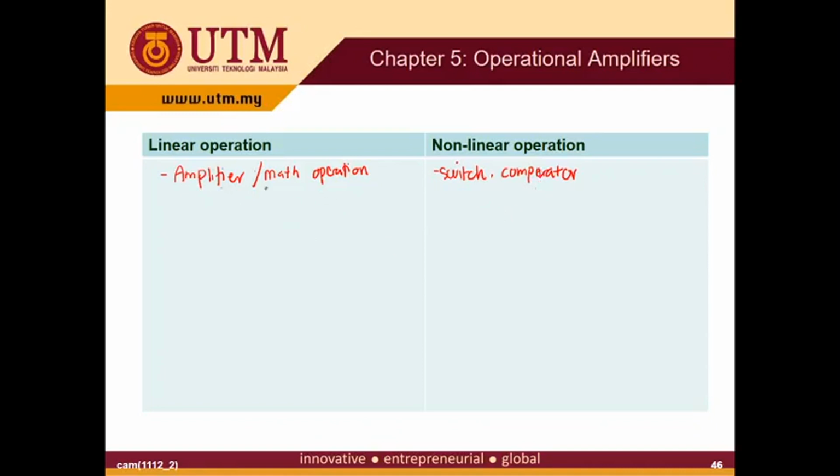This is in terms of the application of the linear operation and nonlinear operation. In terms of the circuit itself, all of the circuits in the linear operation will have a negative feedback.